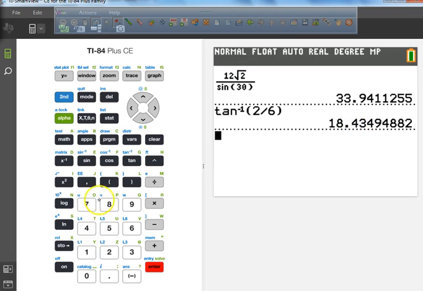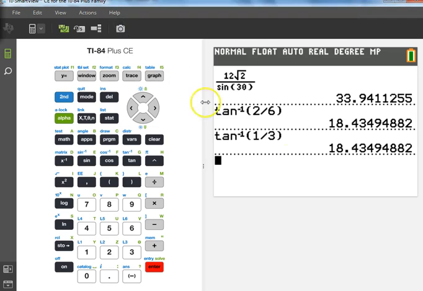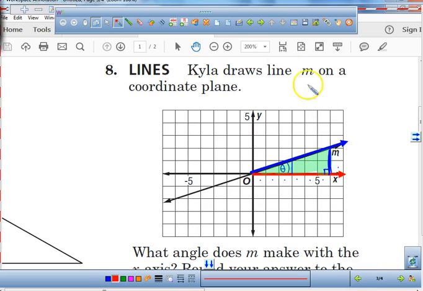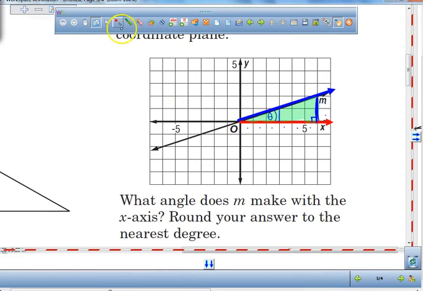But look what happens if you used the ratio of 1 over 3. You could have used either triangle, and it would have still worked, because it's the same ratio. So what's our final answer for this particular problem? 18.4. Now it says round your answer to the nearest degree.